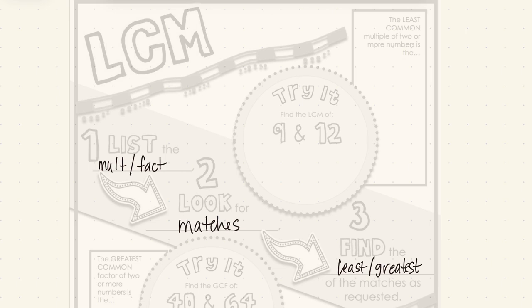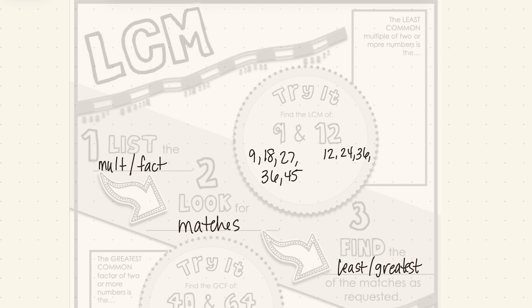Okay, so let's find the least common multiple of 9 and 12. To start with, I need to find what my multiples of these are. So 9, my multiples are 9, 18, 27, 36, and it just keeps going. I could go 45. I could stop there. 12, we've got 12, 24, 36.